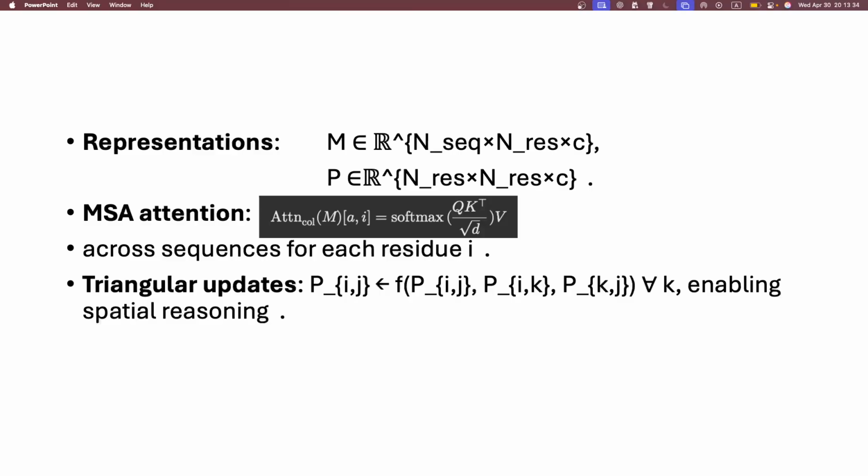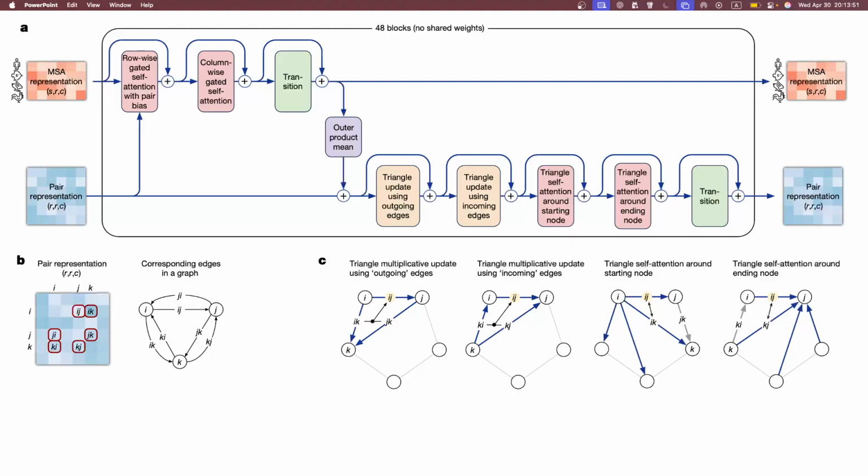This is the MSA attention. I mean, it's just attention, the same as, I don't know, text attention. And here's something interesting that is called triangular updates, but I'll get to that later. Let's talk about the structure first of the 48 blocks of EvilFormer. 48 blocks means it will run this 48 times.